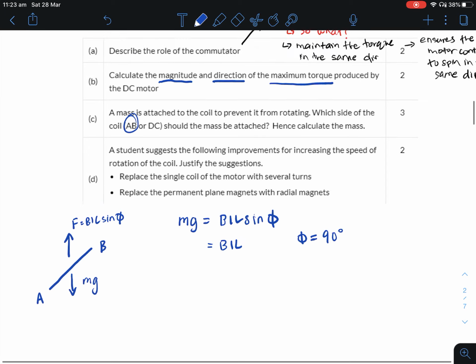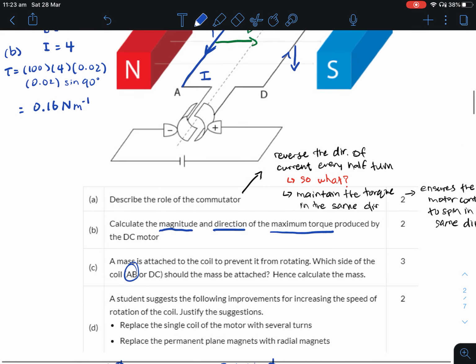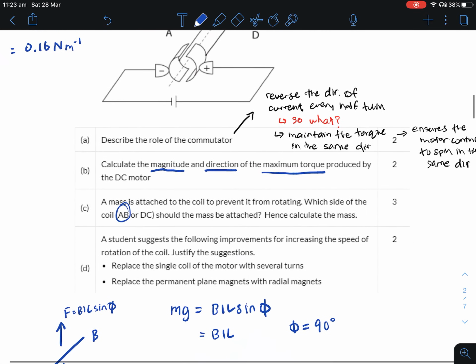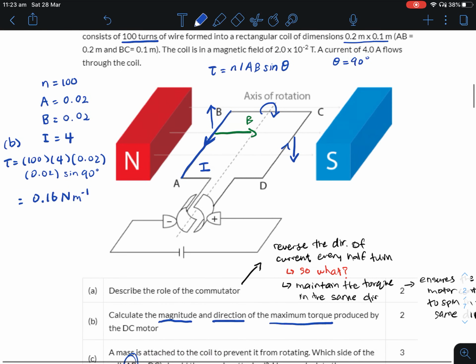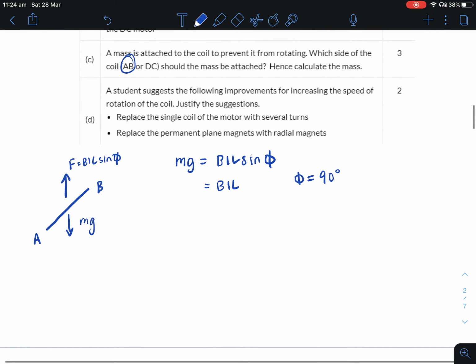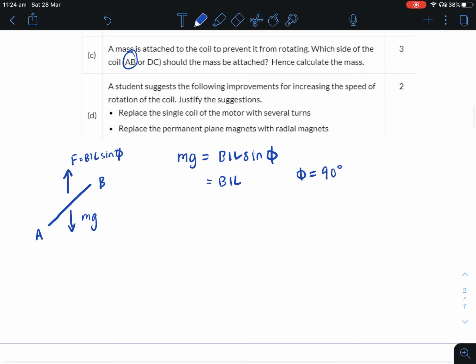How do I know this? Well, remember for BIL sine phi, phi is the angle between the direction of the magnetic field, which is what we see here, and the direction of the current. And so really what we see here is that that's 90. And so really phi is 90 here. And so mg is equal to BIL.